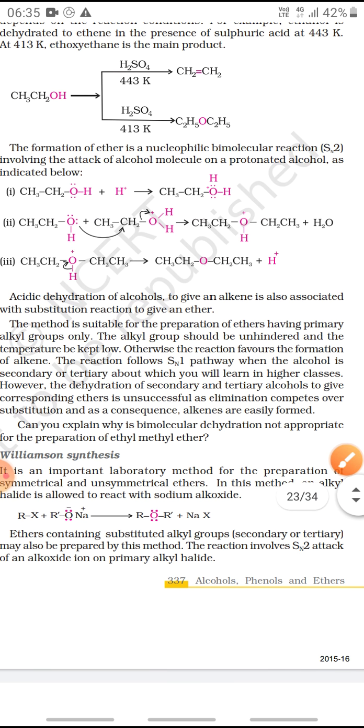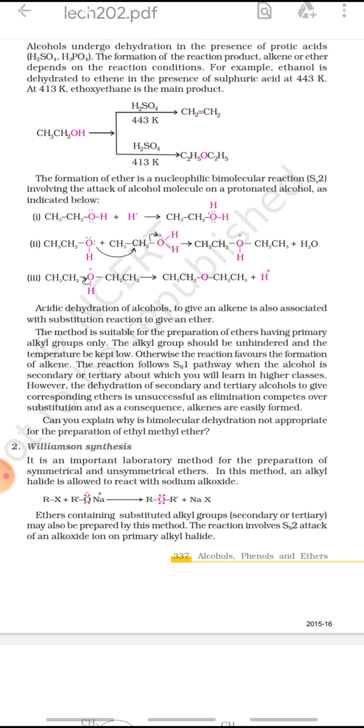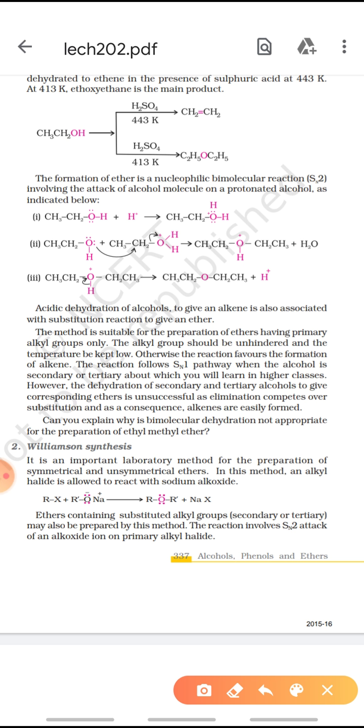Now, why does it happen? One more thing you have to remember first, that this method is suitable for the preparation of ethers having primary alkyl group only. Why? Because the primary alkyl group is unhindered and the temperature is kept low.